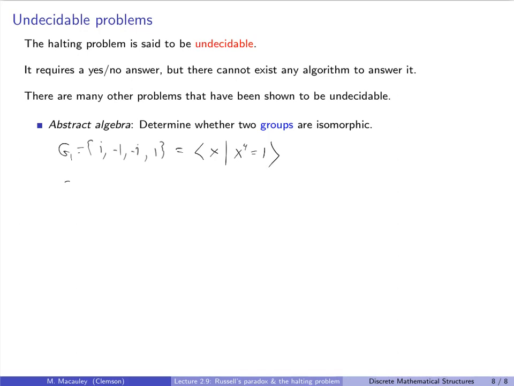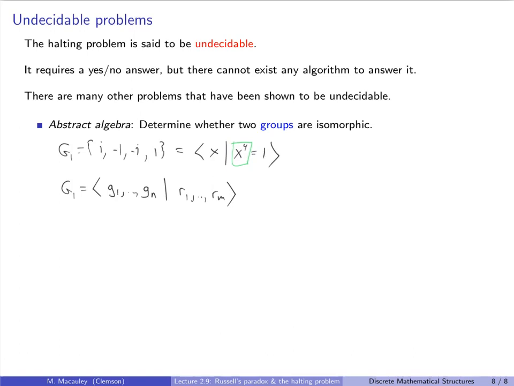So in general, if we have a group G1, now I'm going to reuse G1, say generated by elements g1 up to gn, subject to relations r1 up to rm. So here a relation is a word in the generators that equals the identity element, in this case 1.